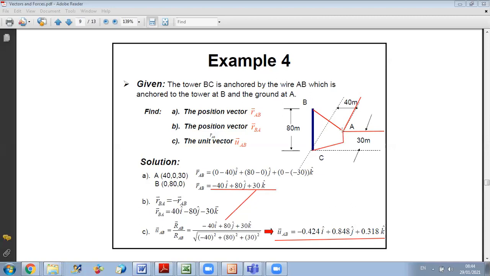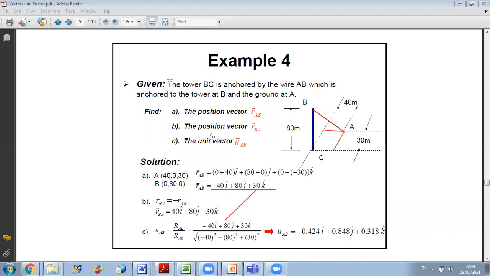But since they didn't put anything, this means that if you follow this line here, this is the first dashed line, this is the second one, you don't have any dashed line along Y. So A will only have a component along X, which is 40, and the component along Z, which is minus 30. And no projection along Y, so it's 0.